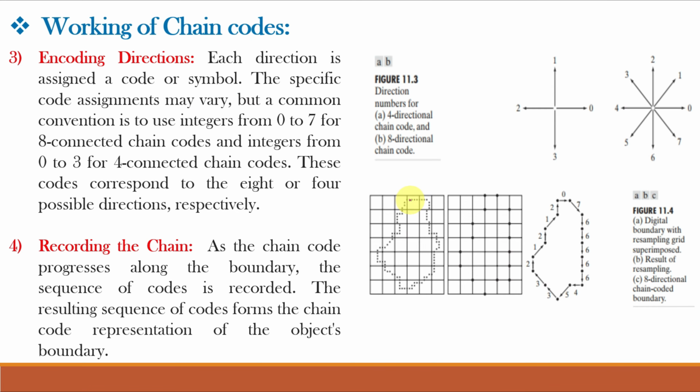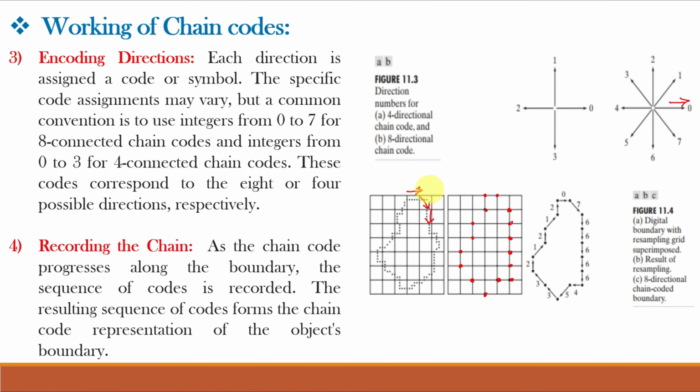For example, if we choose this top leftmost pixel as the starting point, then we will traverse in this direction. So during the boundary following, we are choosing the nearest pixel for resampling. So this one is the first pixel, next is this pixel, then this pixel. For this example, we are choosing 8 directional chain code. For the first pixel, we are going towards right, and this right is 0.